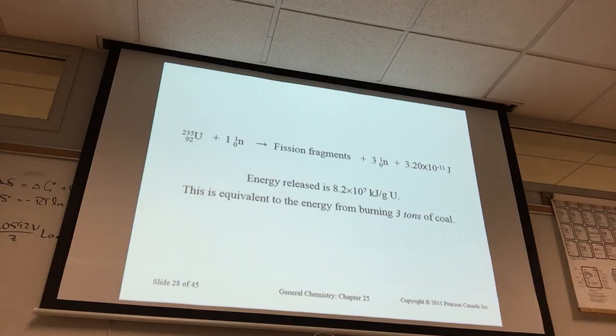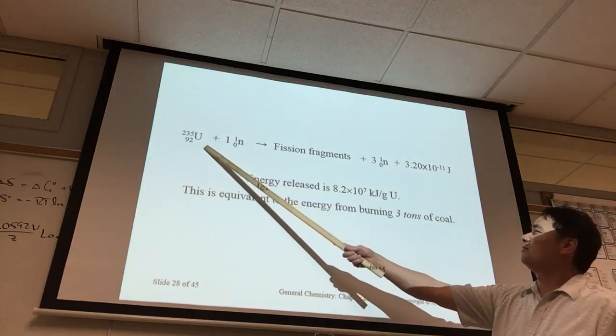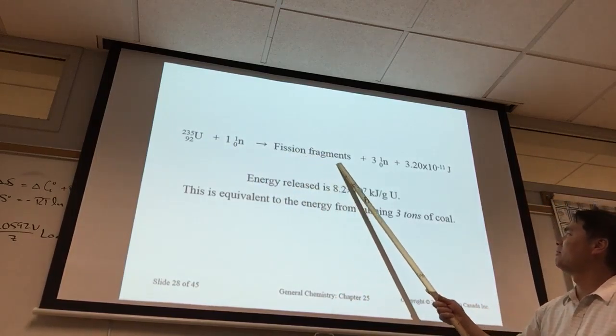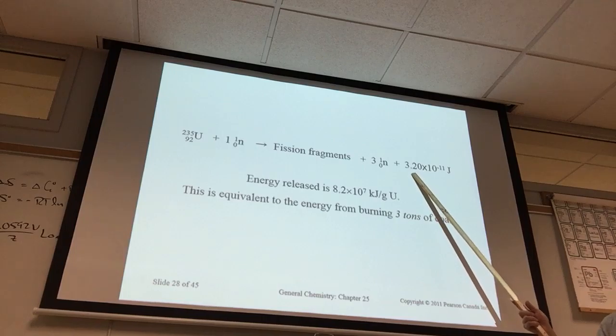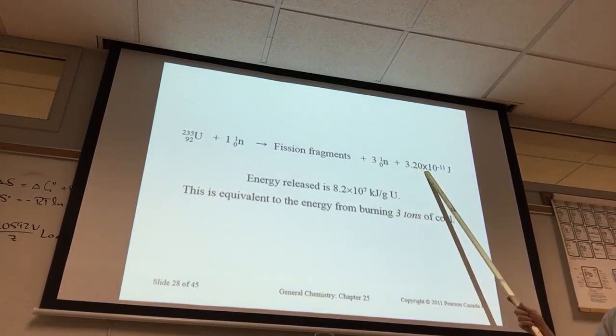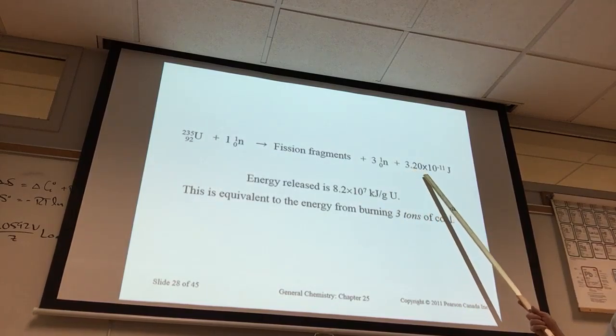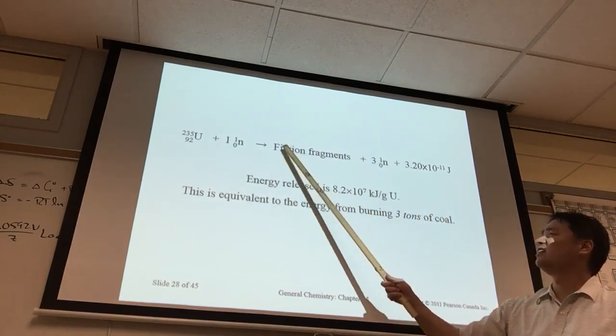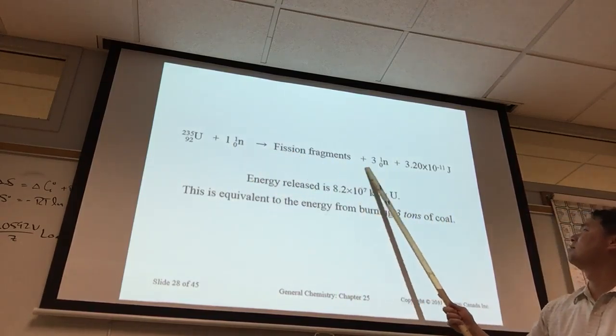Let's see here. Okay, if we have a U-235 and a neutron, then it produces those fission fragments, and 3 neutrons, and this much energy. The amount of energy is easy to calculate. You just use delta E equals delta m c squared. You figure out the final mass minus the initial mass, and that's your delta mass.